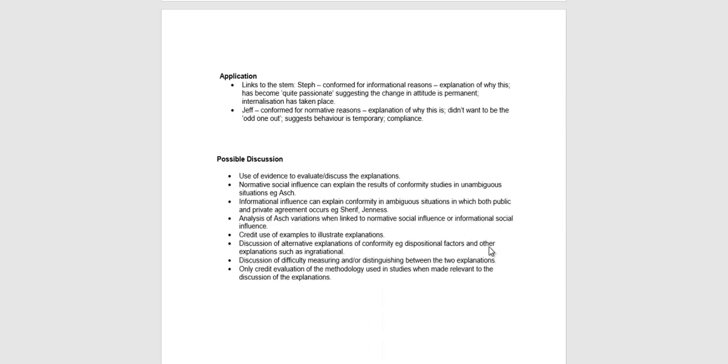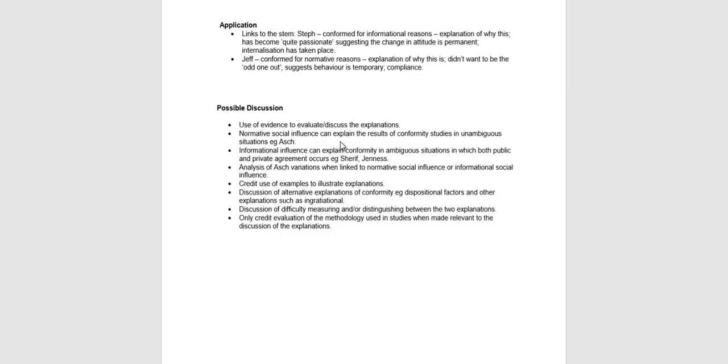All right, so possible discussion points. We want to probably give some reference to evidence. So normative influence comes from Ash, for example. Just briefly giving an example. So Ash's line judgments, try to pack a lot in one very short sentence. Line judgments, they were very unambiguous.